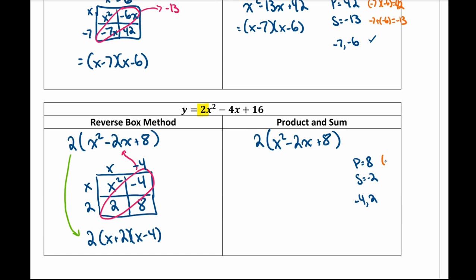If I want to check, negative 4 times 2 equals negative 8. Negative 4 plus 2 equals negative 2. So that does work. That means one bracket will be x minus 4, and the other one will be x plus 2. And again, that's our factored form. So again, multiple ways to do it, but essentially you're doing the same concept, looking for the same patterns. It's just how do you prefer to organize your information.